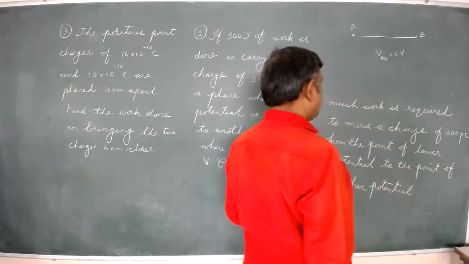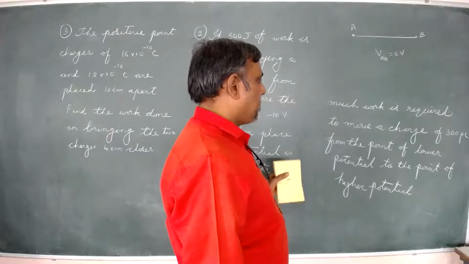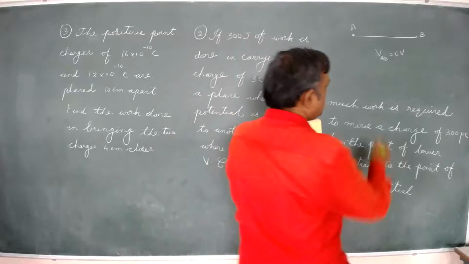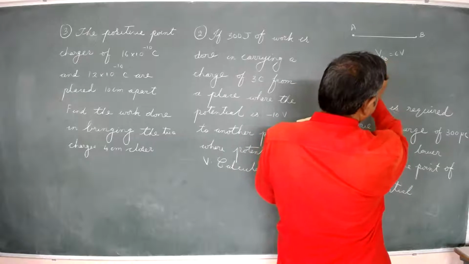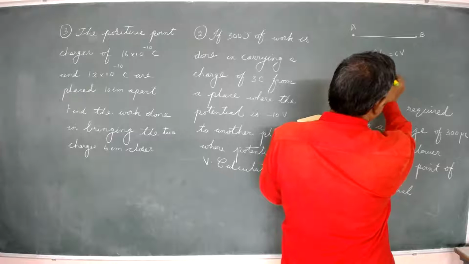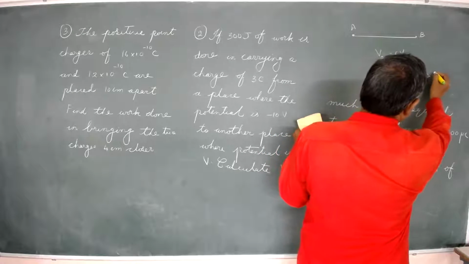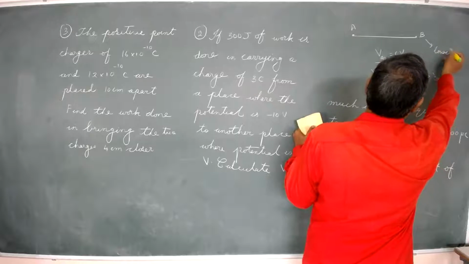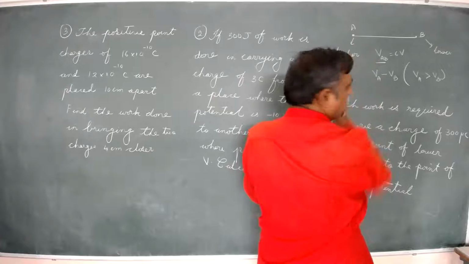So potential between A and B means V_A minus V_B, so V_A is more than V_B. That means B is the lower potential and A is the higher potential.